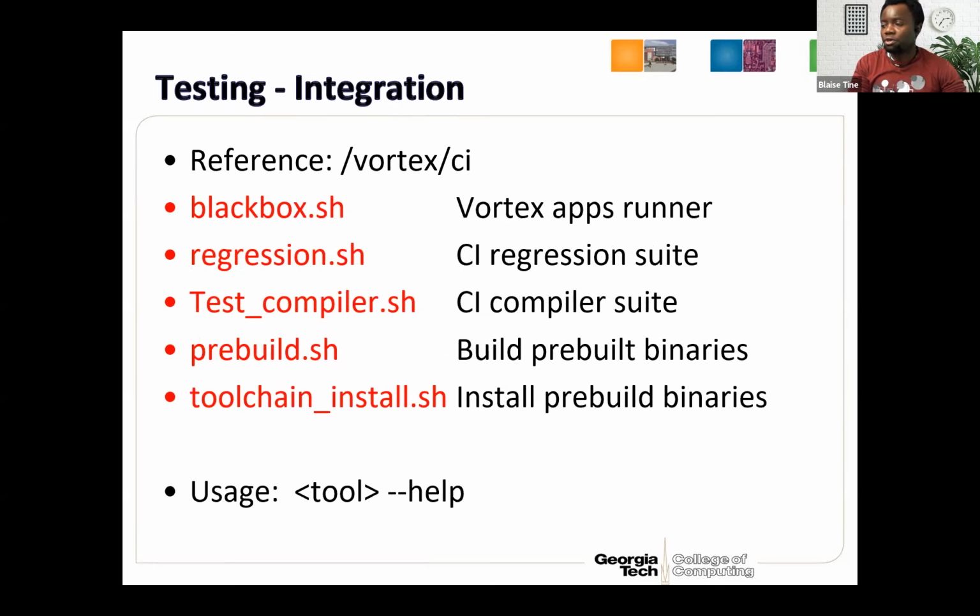This allows us to run the regression suite anytime we commit changes to the code base. It also includes some useful programs like blackbox.sh. This is the main test runner application in Vortex.